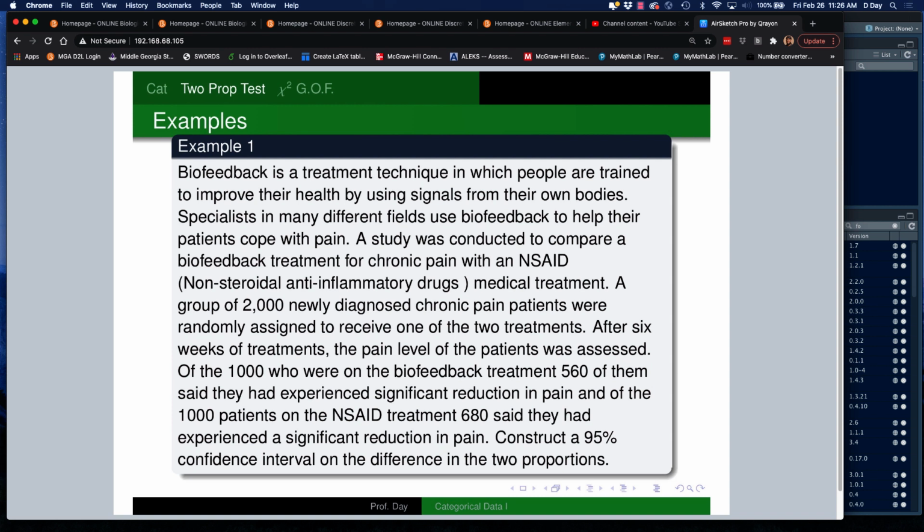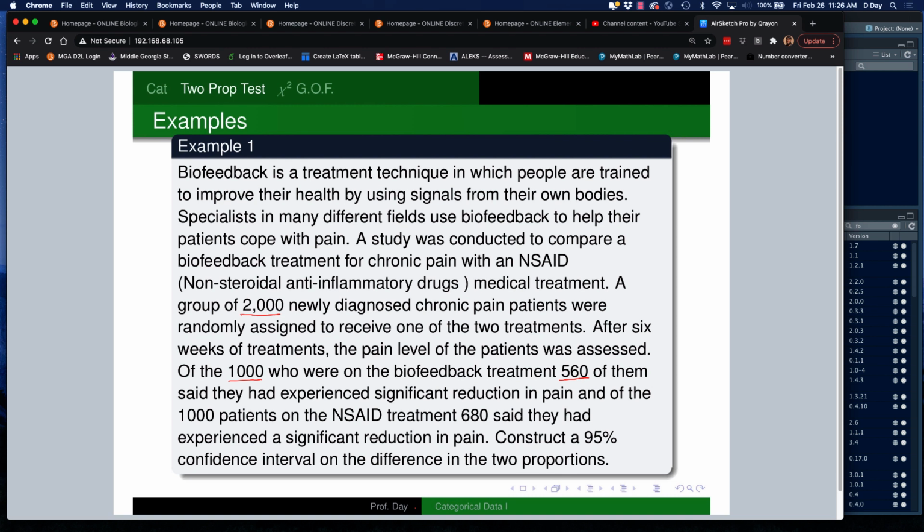A group of 2,000 newly diagnosed chronic patients were randomly assigned to receive one of the two treatments. After 6 weeks of treatment, the pain level of the patients was assessed. Of the 1,000, so here are two different samples, who were on the biofeedback treatment, 560 said they had experienced a significant reduction in pain.